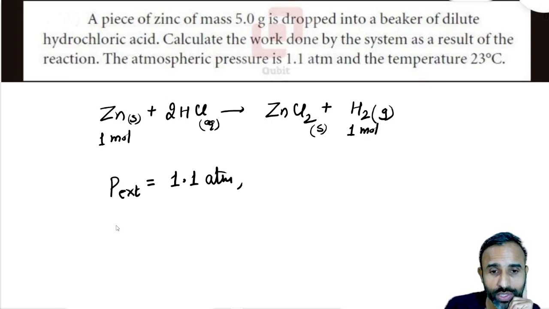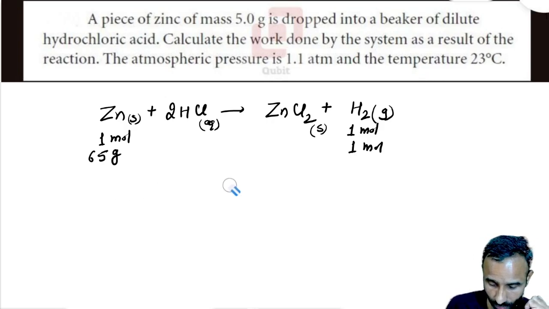And what is the atomic mass of zinc? It is 65. 65 gram will give you 1 mole.